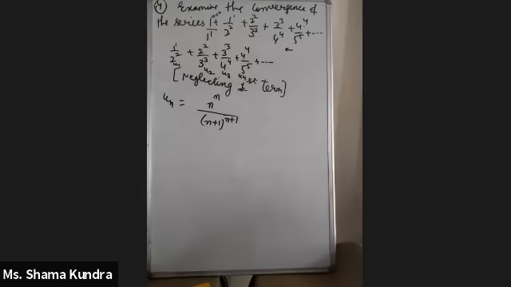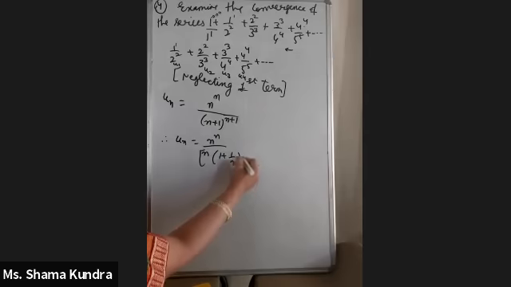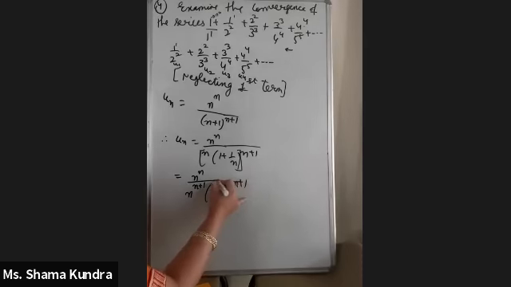Next step is to take the higher power of n common to make n in fractions. So therefore, un is, taking n common, what we will get? Now this power will come with this factor and this factor. What we will get? n raised to power n upon n raised to power n plus 1 upon 1 plus 1 by n raised to power n plus 1.